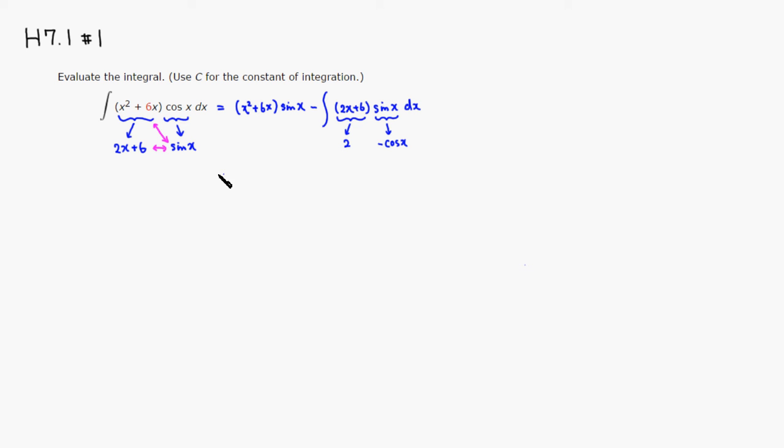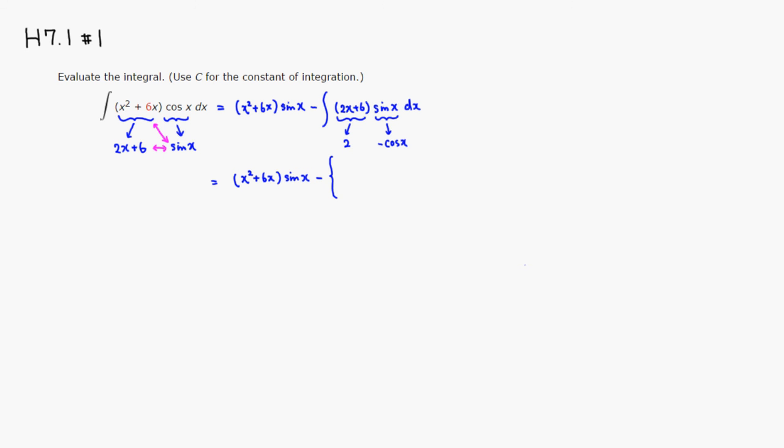So I'm going to just write down the first term: quantity x squared plus 6x times sine of x. Then I'm going to put a minus, then maybe put a big curly bracket.